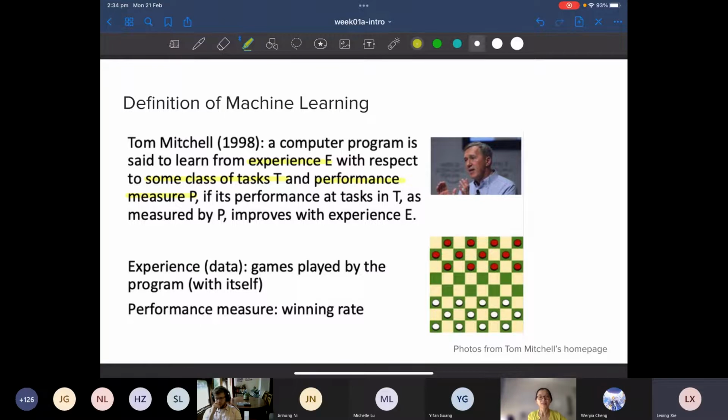As most of you by now know from taking IML or reading, this is not equivalent to thinking or intelligence at all. In the checkers example, the experience is the games played by the program, and the performance measure is whether, for example, the program wins or not.